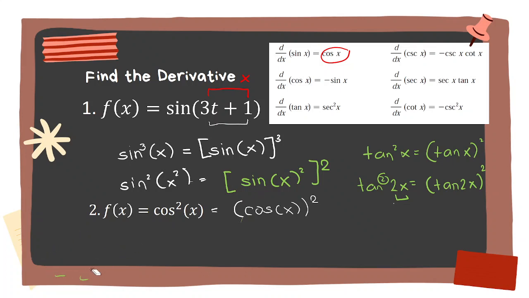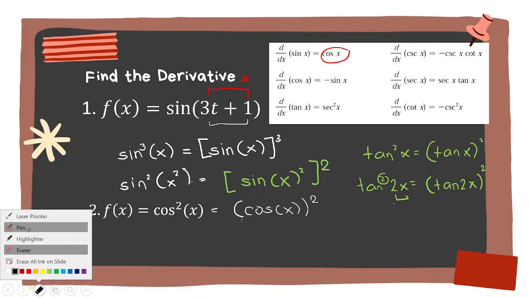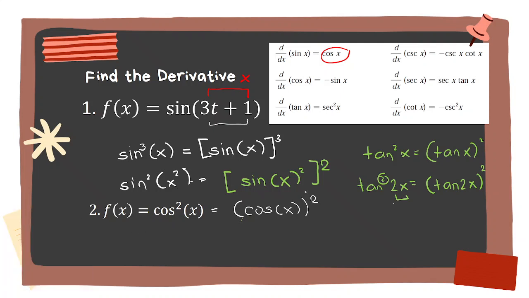So let's try to get the derivative of cosine squared x. If we get the derivative of that one, we are just going to ibaba si 2. So binaba ko si 2. Then 2 minus 1, what's the answer? 1 lang din. Times, siyempre, i-derive ko pa si nasa loob. Kasi chain rule eh. So, d dx ng cosine x. What's the answer?